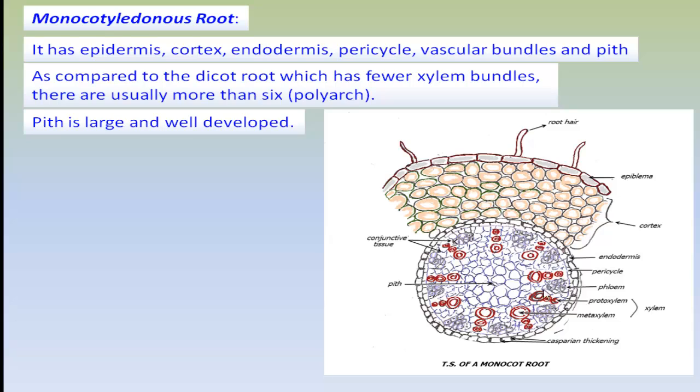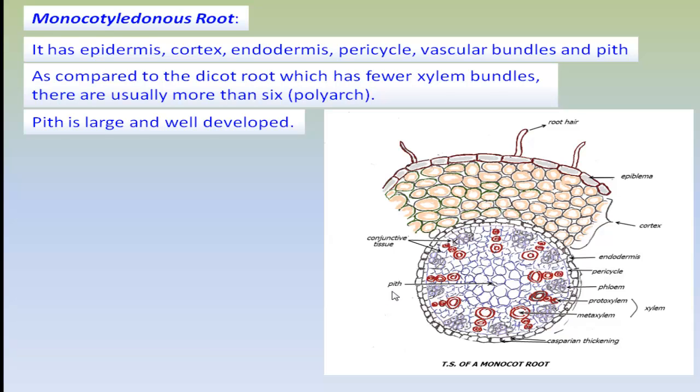The metaxylem are rounded, protoxylem are few in number, as most of the xylem and phloem are at the extreme periphery of the pith. In the center of a monocot root, we see a very large, very well developed pith. Monocot roots do not undergo any kind of secondary growth.